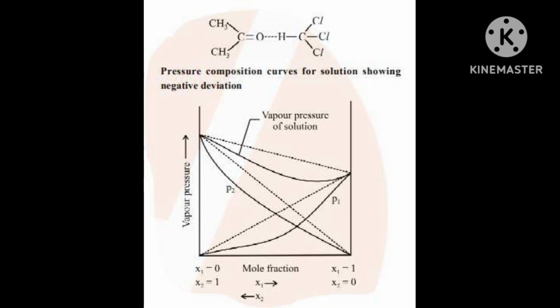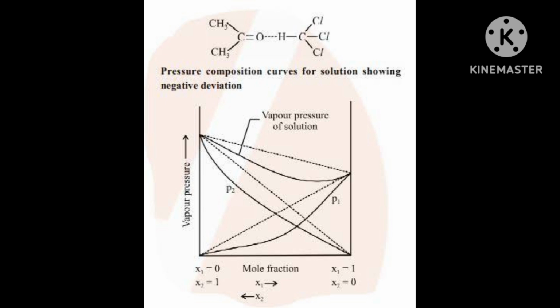If mole fraction decreases, then pressure becomes less, finally zero. A right angle triangle is forming, correct? And if mole fraction increases, vapor pressure again increases up to the maximum. In this case also it forms a right angle triangle.